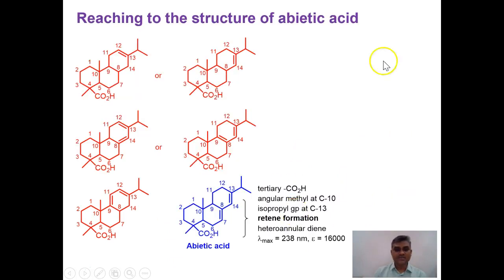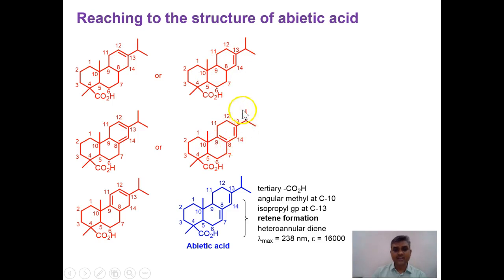So on the basis of this there are various possibilities. If you assume 12-13, then another double bond can be here, or another double bond can be between 9 and 11, but these two structures are ruled out because both of them are homoannular dienes. Now here we have the 13-14 possibility. We can put the double bond here, again it's a homoannular diene.